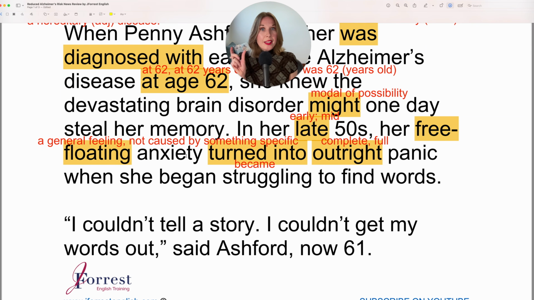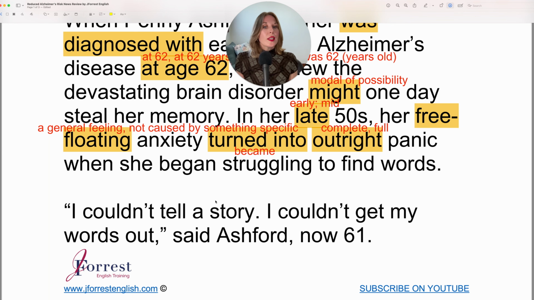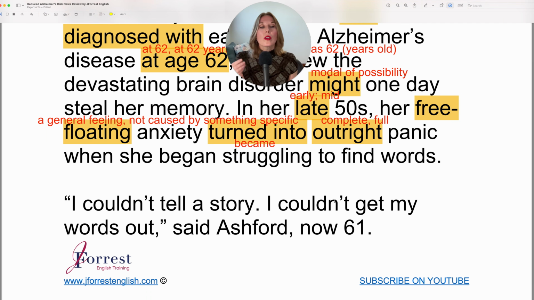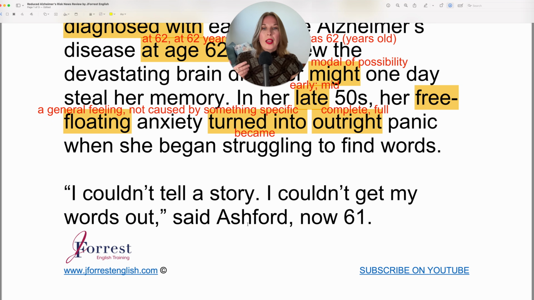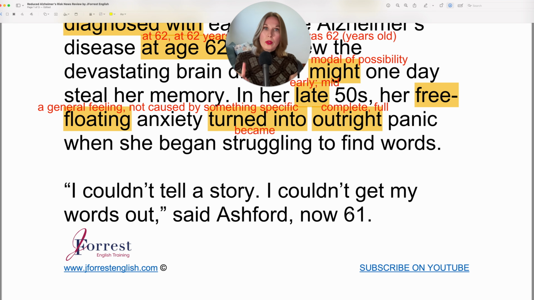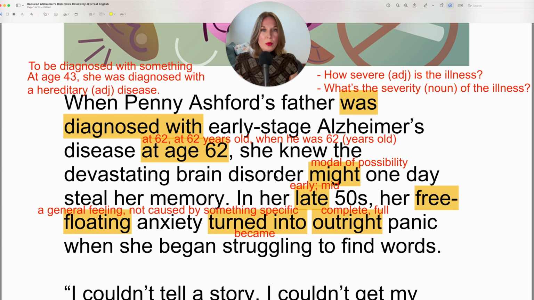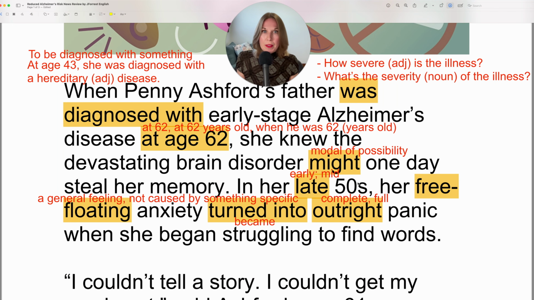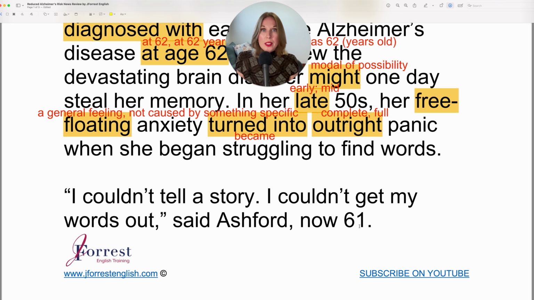Remember, her anxiety became panic, full, complete panic, outright panic, when she began struggling to find words. I couldn't tell a story. I couldn't get my words out, said Ashford, now 61. So remember, she was in her late 50s, now 61.